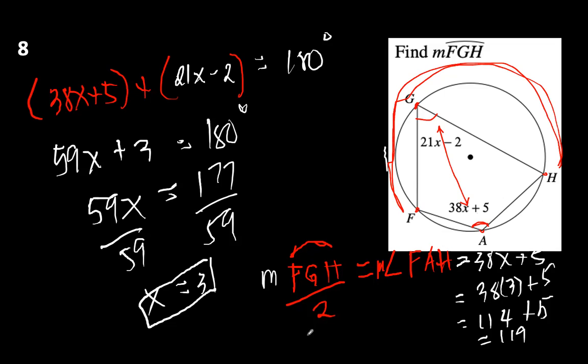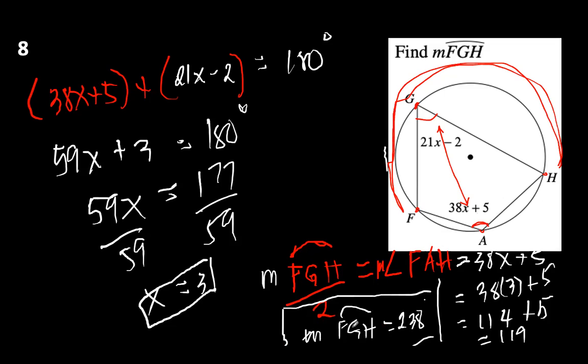And since we're looking for FGH, the measure of the arc FGH is equal to twice the inscribed angle. That's 238. So this is now our final answer. The arc FGH is equal to 238.